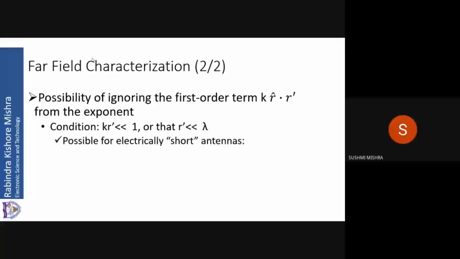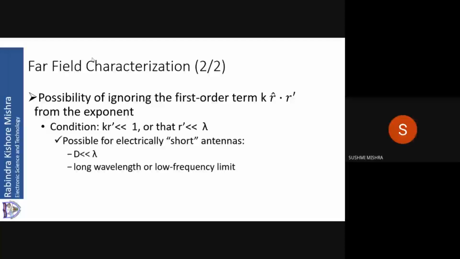This is possible only if we have an electrically short antenna, very small in electrical size. So for this, capital D has to be much less than lambda.